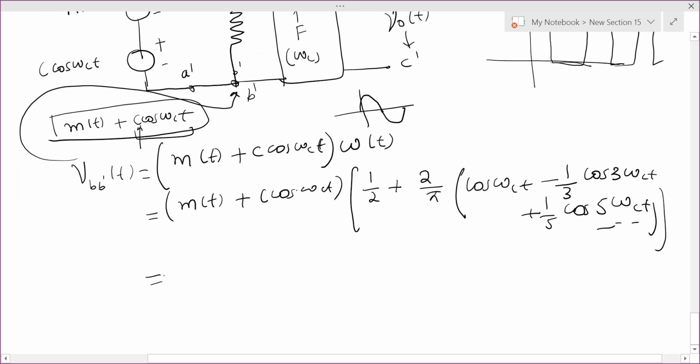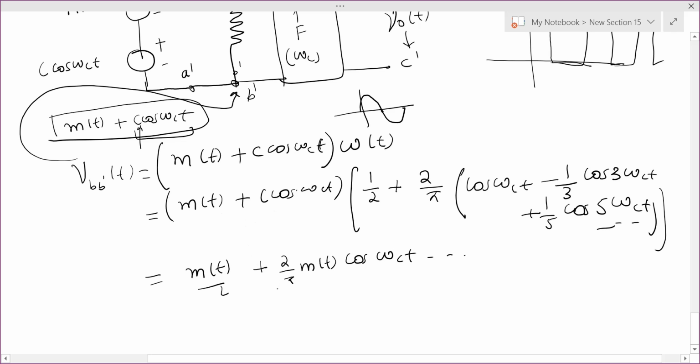Now we will multiply it term by term. One term will be m of t by 2, and similarly 2 by pi m of t cos omega c t, and so on and so forth. These are the terms multiplied by m of t.